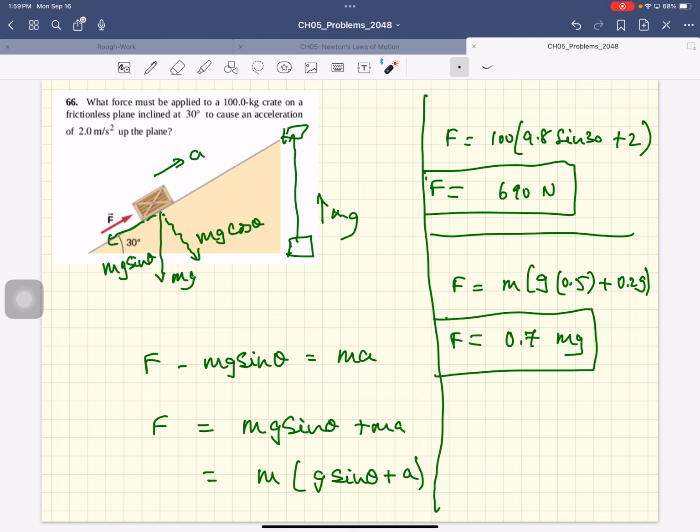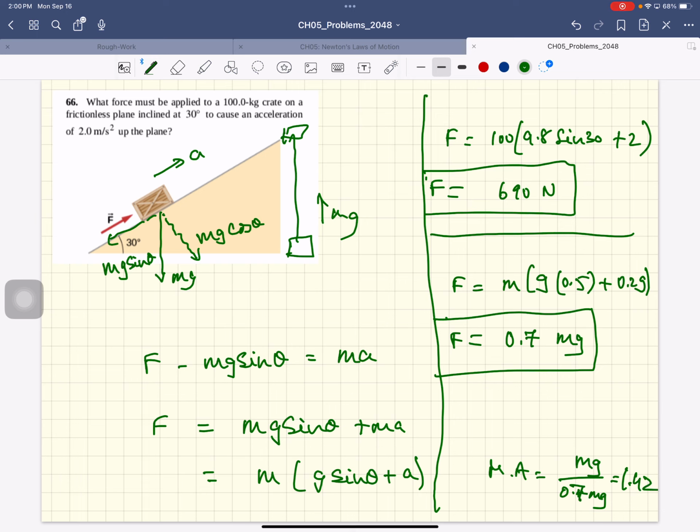Okay, so your mechanical advantage of this machine is the output force was mg, the input force was 0.7 mg. So 1.42.